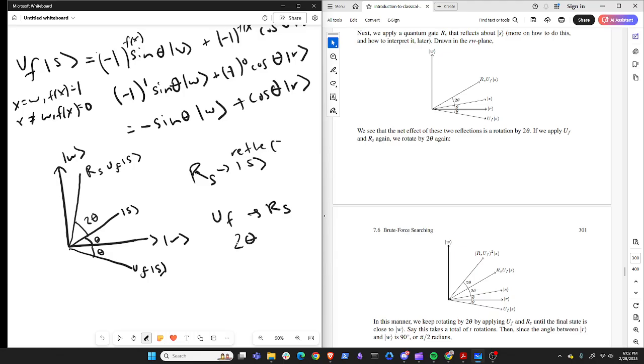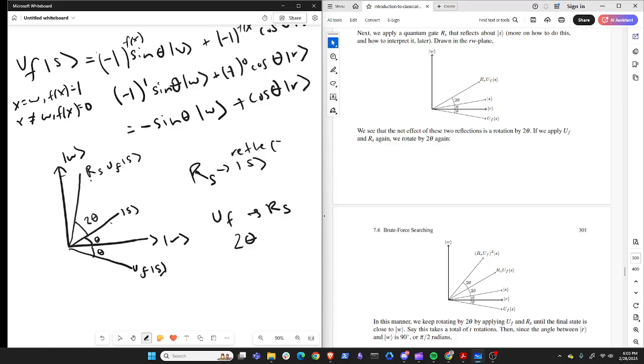Then they continue to rotate, and this is a terrible example because their stuff was much smaller, but basically with every oracle query and every rotation, it comes a little bit closer to W. Here we rotated from S down to U sub f S, and then we rotated up.